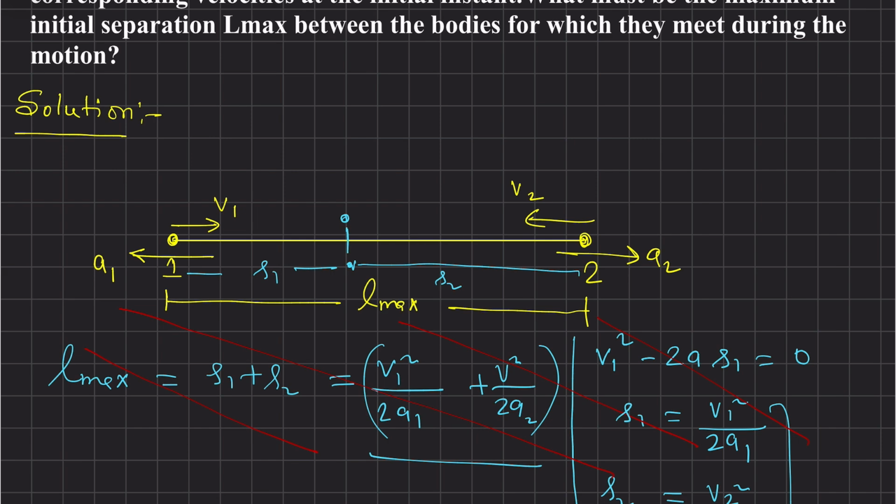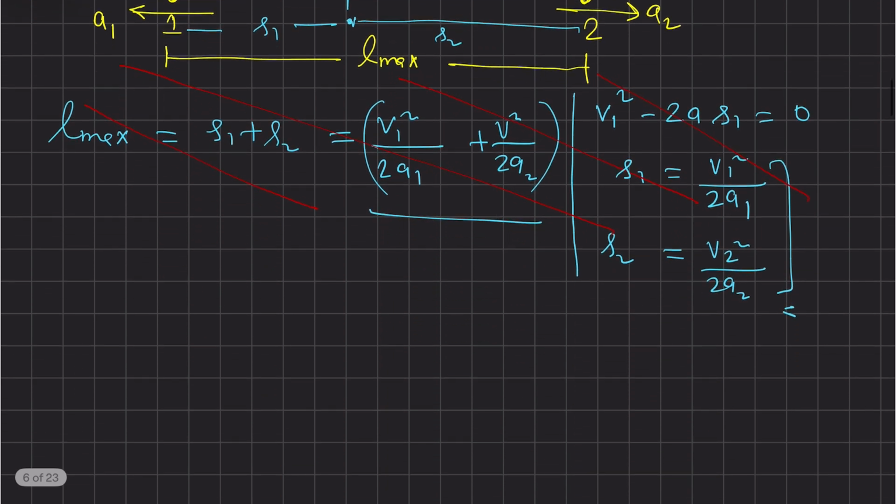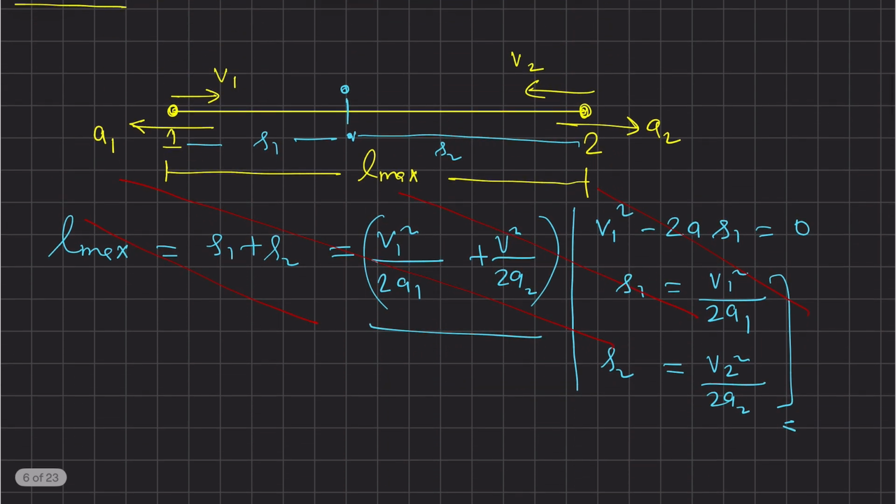So let's see the first method. What I'll do is make body 1 be at rest. So the velocity of 2 with respect to 1 will be v2 minus v1 vector.